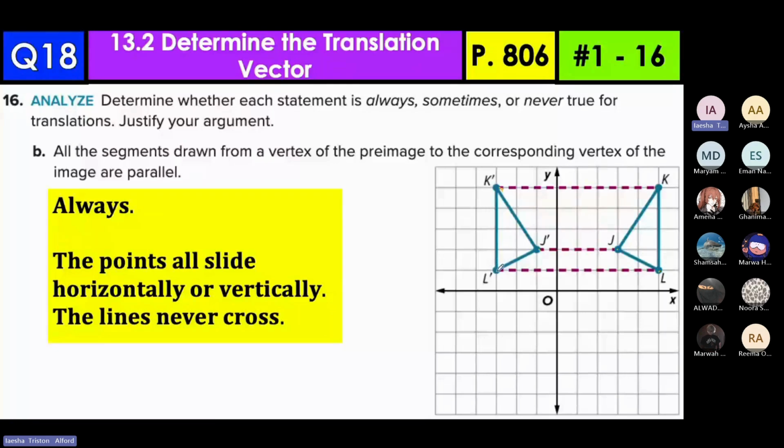From L to L prime, it makes a horizontal line. These horizontal lines are parallel. So, always. They always are going to be parallel. Why are they parallel? The lines never cross. Everybody's okay about B?